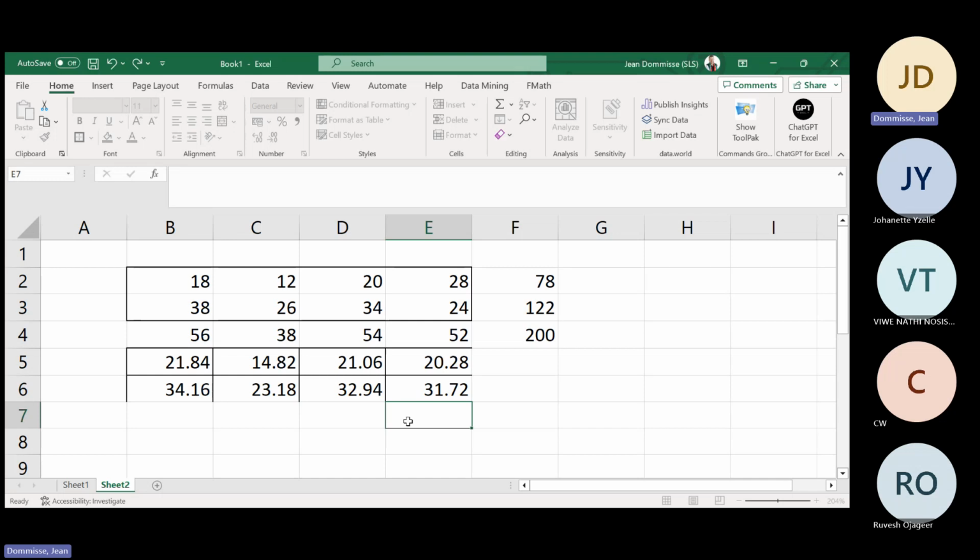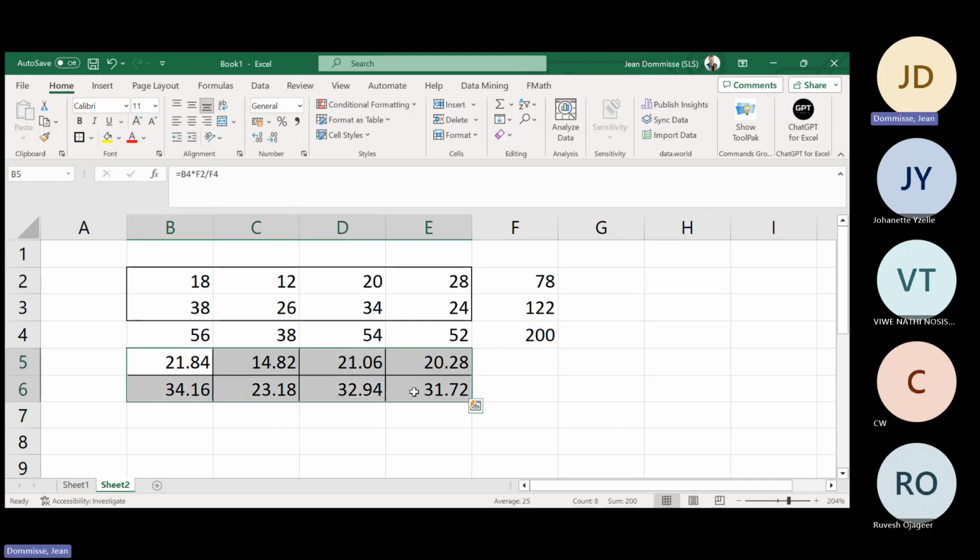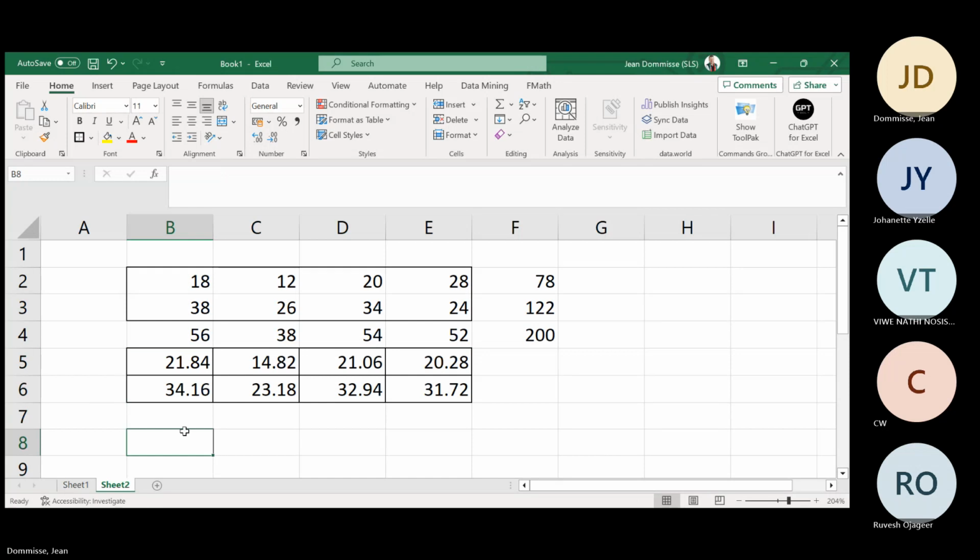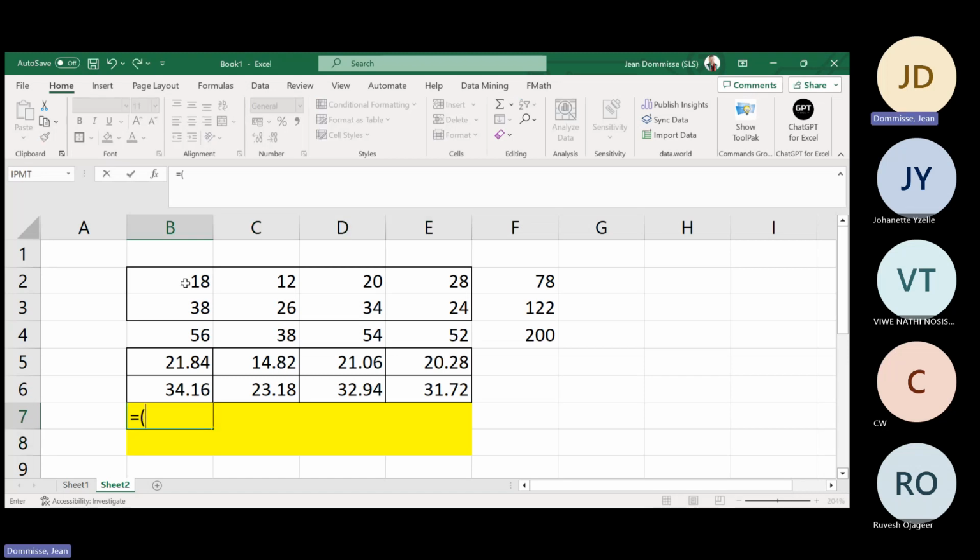Okay, so what we've now done is all the expected values. And then remember your formula is, and let's put it in here. Your formula is that you take the observed minus the expected, and you square root.